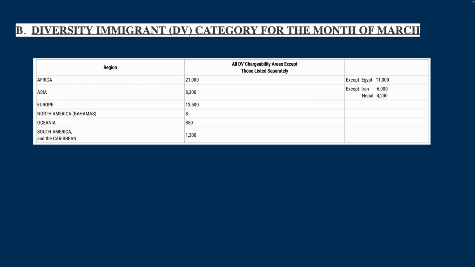For Europe, the available visa for the month of March for DV is 13,500. For North America, Bahamas 8, Oceania 850 available visas for diversity immigrant for the month of March. For South America and Caribbean, 1,200 available visas for the month of March.